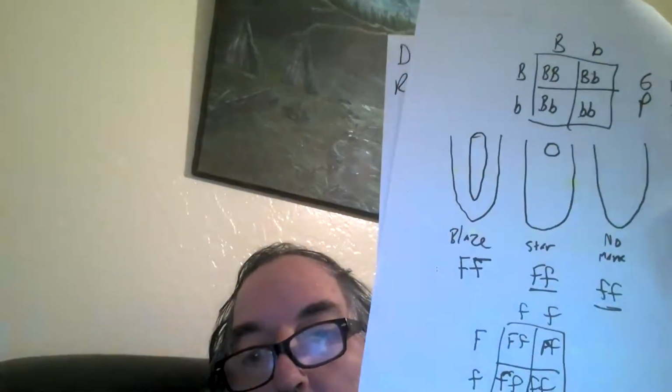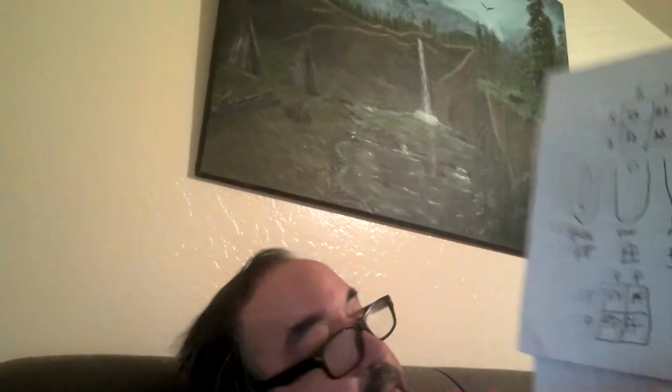Big F, little f, big F, little f, and 2 little f, okay? So our top 2 are heterozygous, and I kind of messed that one up there. And our bottom 2 are homozygous recessive, okay? So genotypic ratio, we've got 2 heterozygous on the top. We've got 2 homozygous recessive on the bottom.